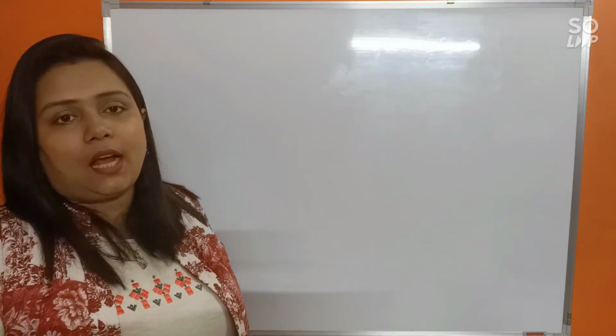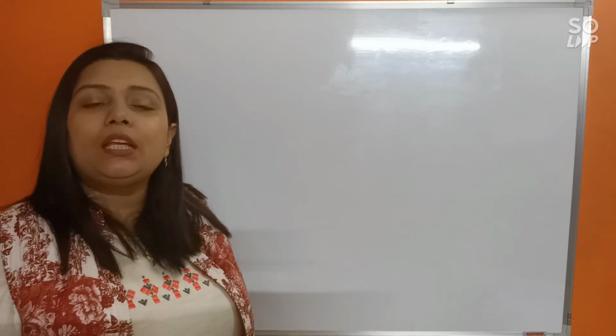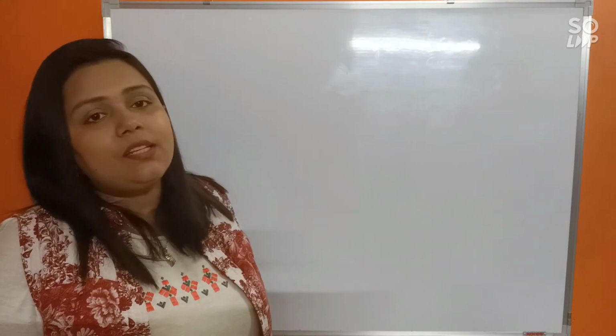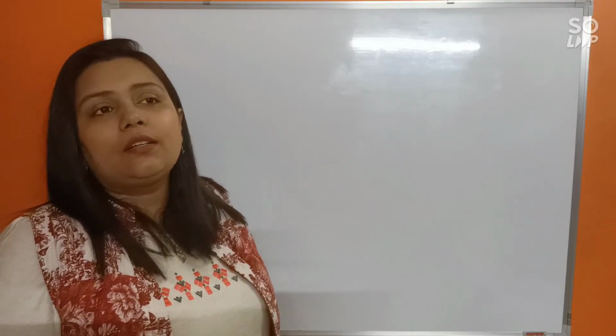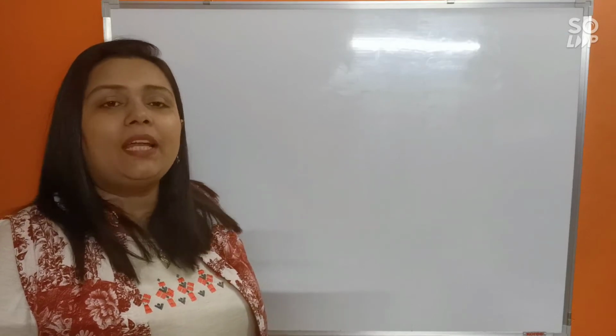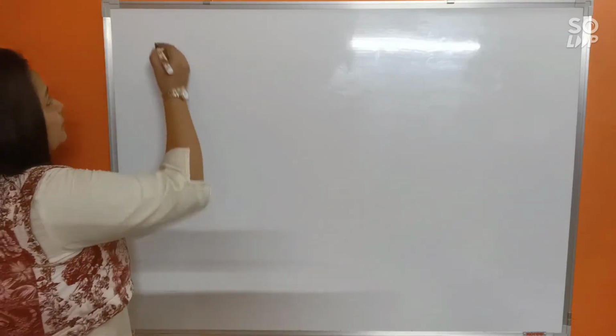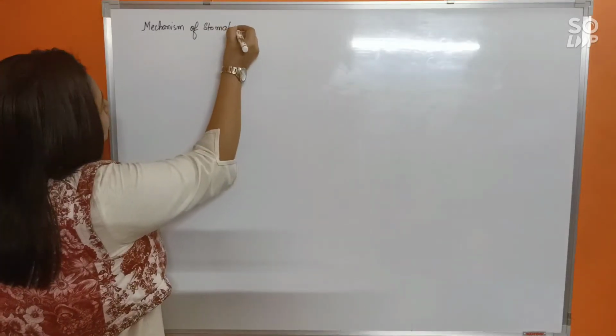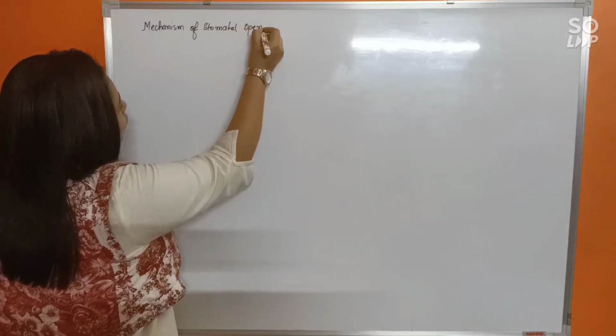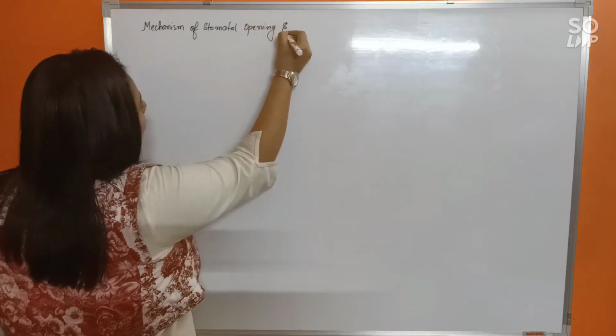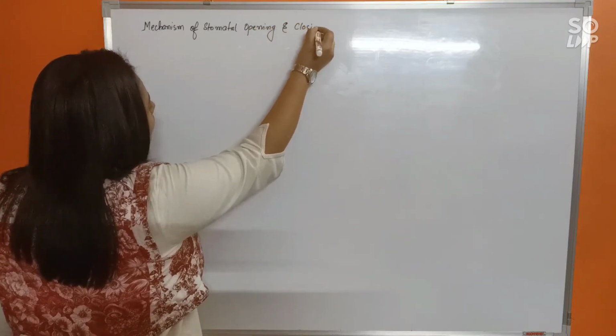But in today's class or in this chapter, you will learn an entire mechanism of how the guard cells get turgid in the day and become flaccid at night. So let us discuss the mechanism of stomatal opening and closing.